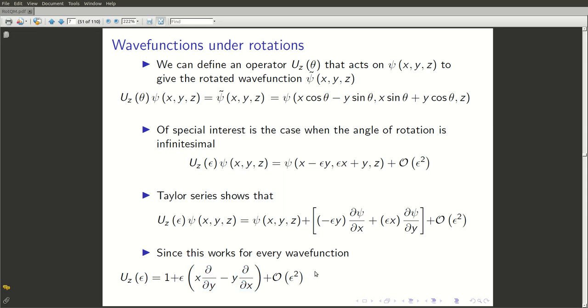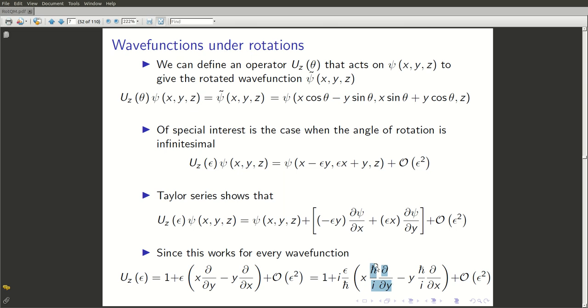Now x del del y minus y del del x should already begin to look familiar. If it doesn't look familiar, just supply an h cross by i and of course multiply by i by h cross to compensate for that. If you do that, it's easy to see that this is nothing but the momentum y component operator.